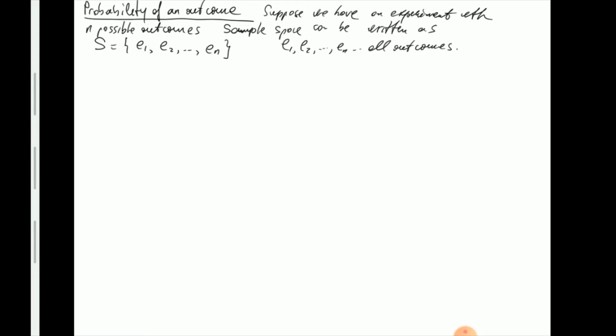So if that is the sample space of all outcomes, then each outcome is assigned a number denoted by P of E1, P of E2, P of En.